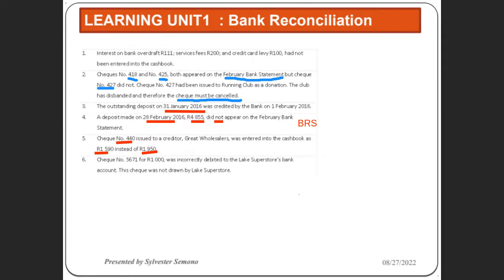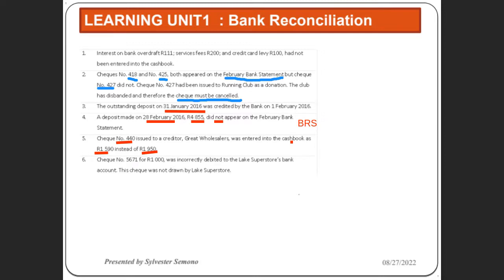Remember when I was explaining, I called this an error. Yes, sir, error. But here they said cash book. So which cash book do you think they're talking about here? Because there are two cash books. The cash book payment, for paying creditors. That's true, it is the cash book payment. So here it means when we were paying someone, we recorded 1590 instead of 1950.